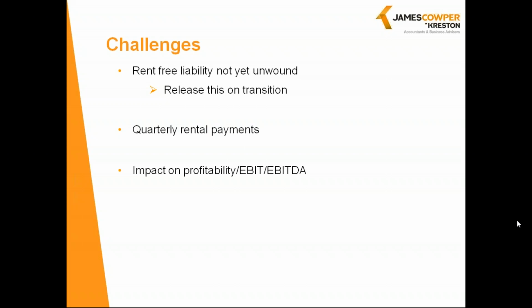So effectively some of the rental cost now goes below the line, below EBIT, because it's interest, and almost indeed all of the cost of property rentals will now fall below EBITDA, because the costs are going to be depreciation and interest rather than rent.